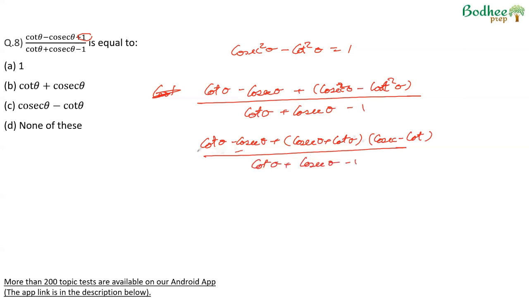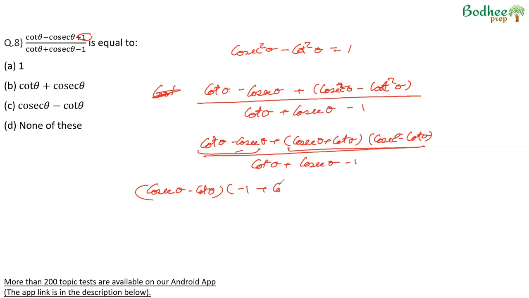Now from these two terms, the first term and the second term, we are taking out cosec theta minus cot theta, common. Here we'll be left with a minus 1, because this is cot theta minus cosec theta.